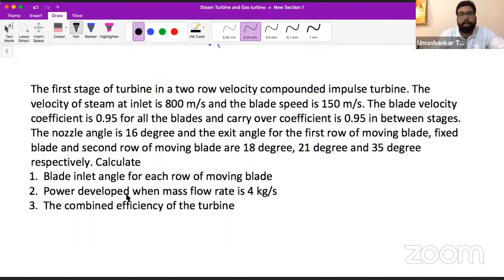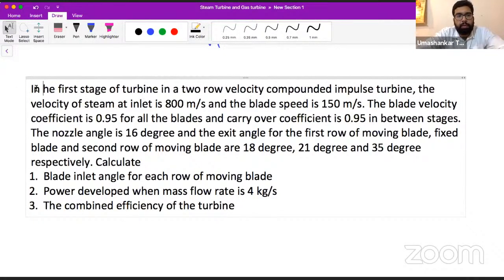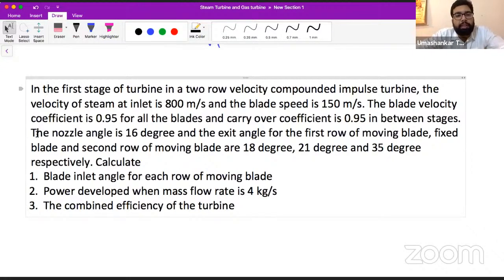So what is written here, in the first stage, see, there is a little mistake in this question. Okay, let me correct it. So it is like this. In the first stage of a turbine, in a two-row velocity compounded impulse turbine, the velocity of the steam at the inlet is 800 meter per second.